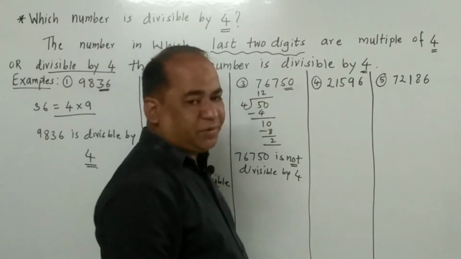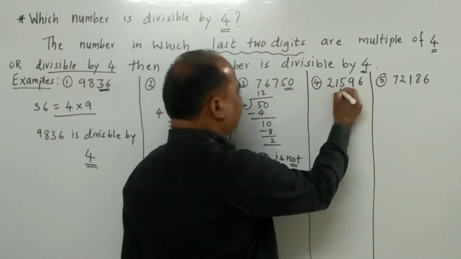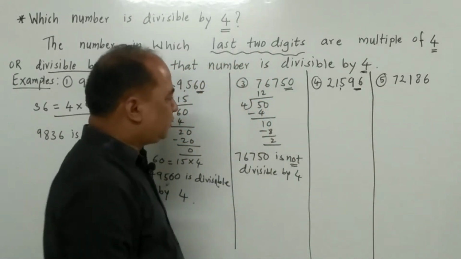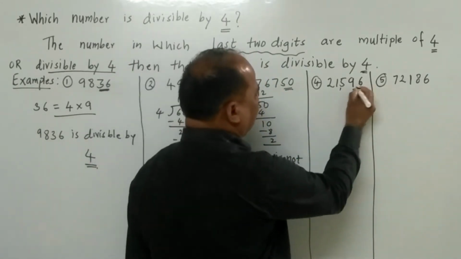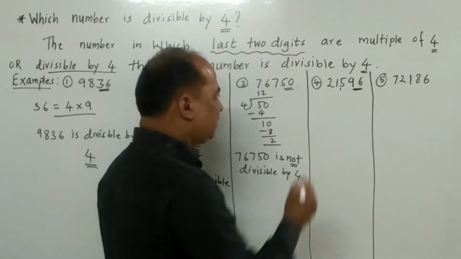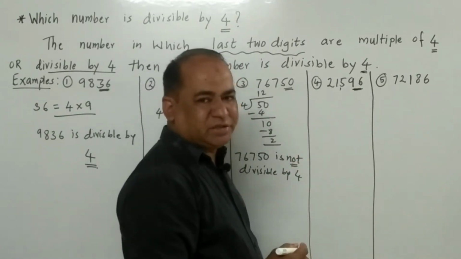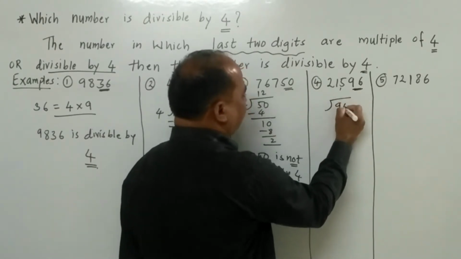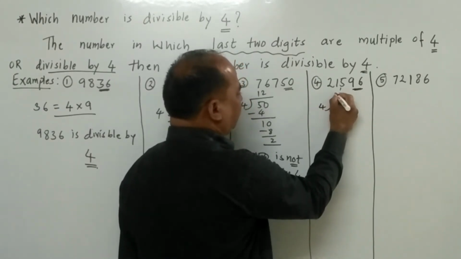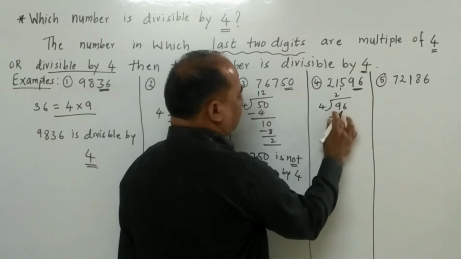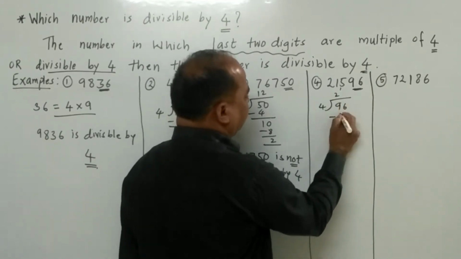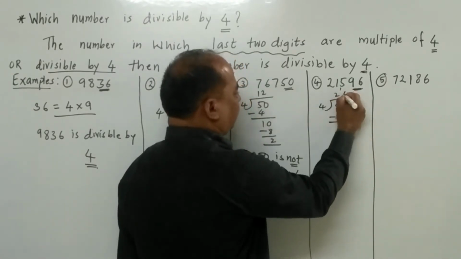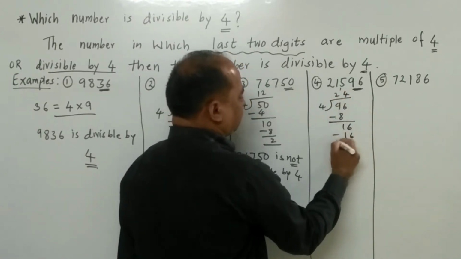Now the fourth example, 21,596. Is this number divisible by 4? So we have to check the last two digits. The last two digits of the number are 96. Is 96 divisible by 4? You have to check. So 96 divided by 4. 4 ones are 4. 4 twos are 8. 9 minus 8 is equal to 1. 16. 4 fours are 16.